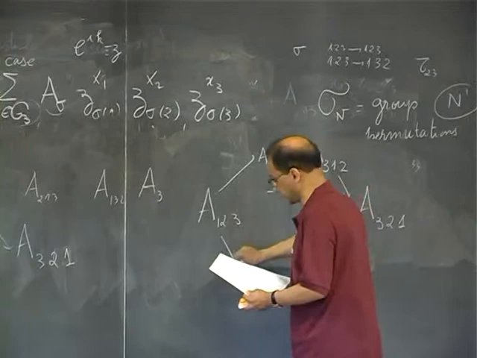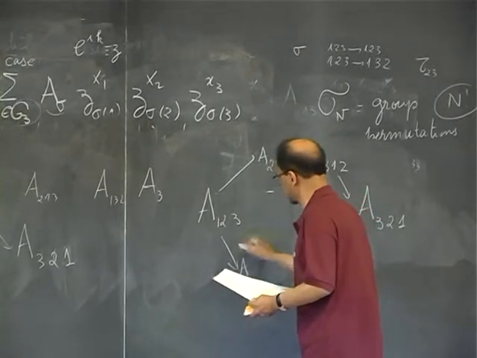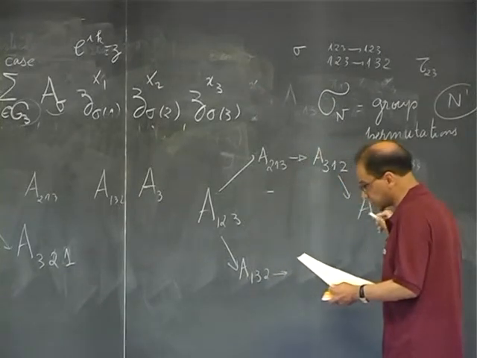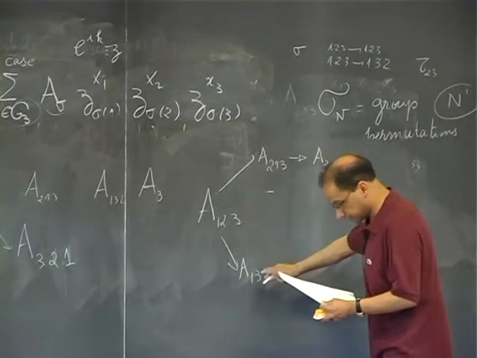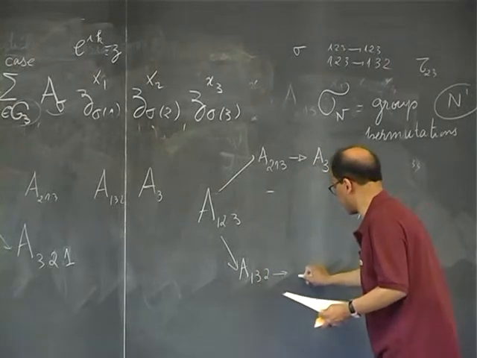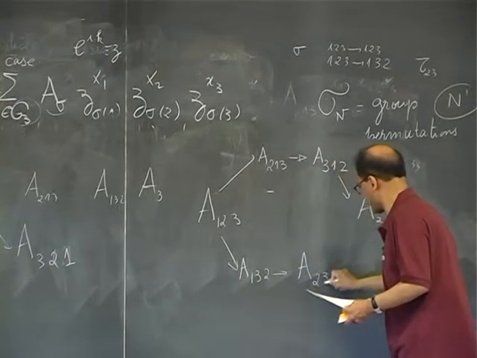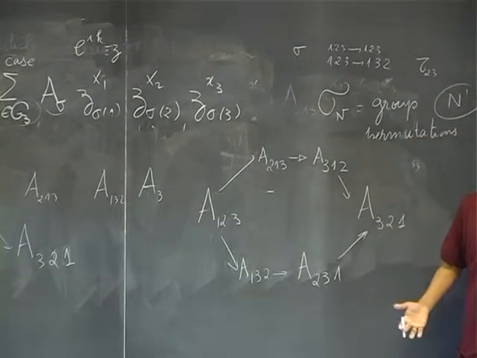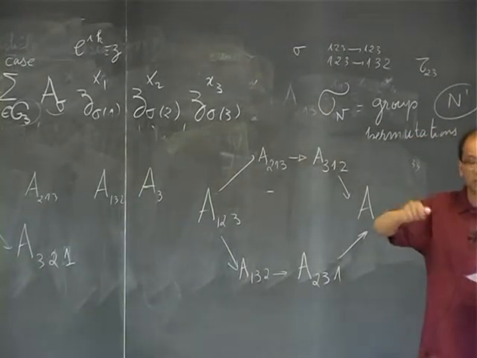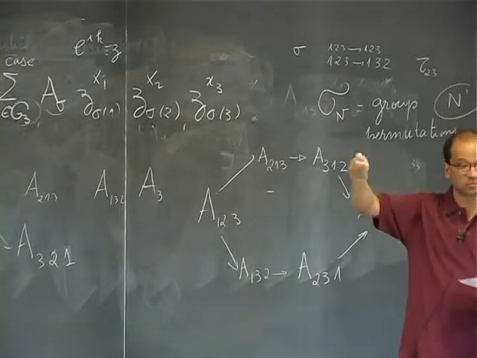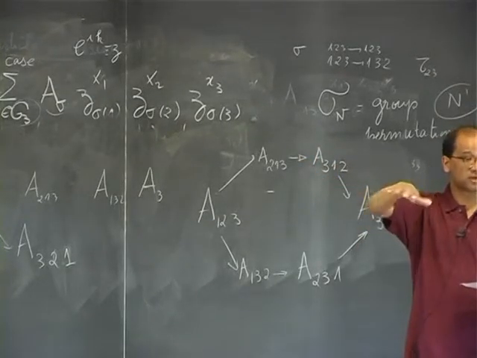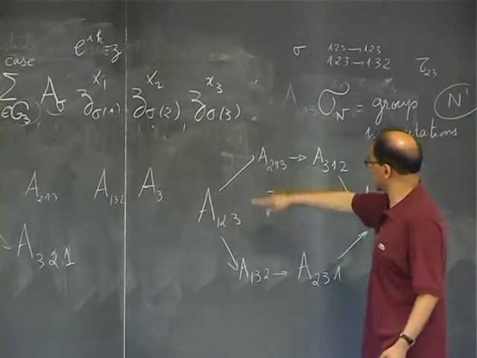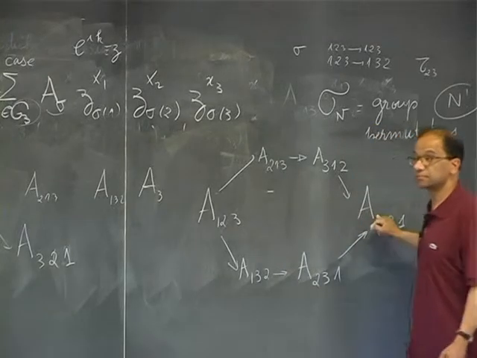Or I can choose a different path and go to exchange 2 and 3 first, then exchange 1 and 2, and then get here by exchanging 2 and 3. The only thing I'm allowed to do in this fixing and identification is to switch 2 and fix the others. Here there's only one other, but I can do it in different ways. Okay, so you see there are different paths to go from here to here. Is it clear?